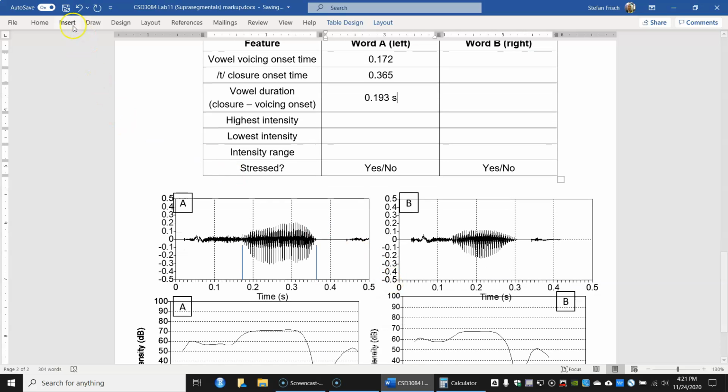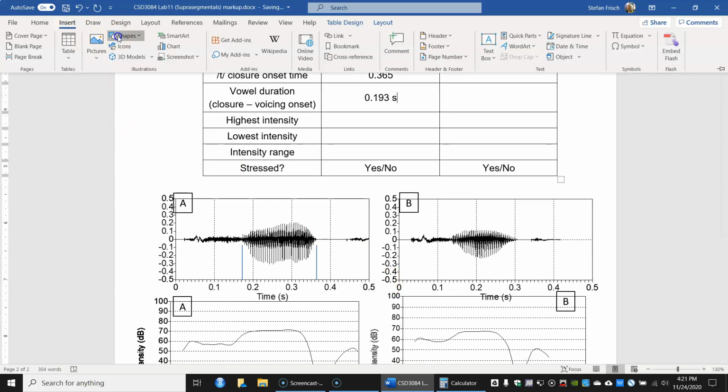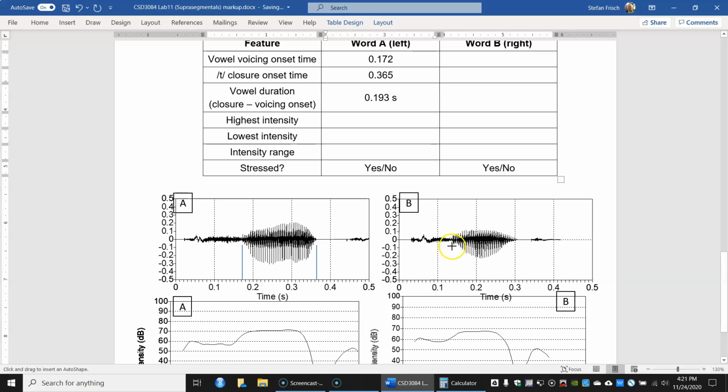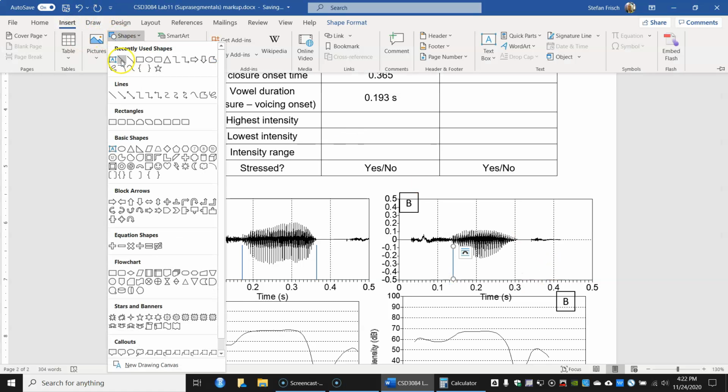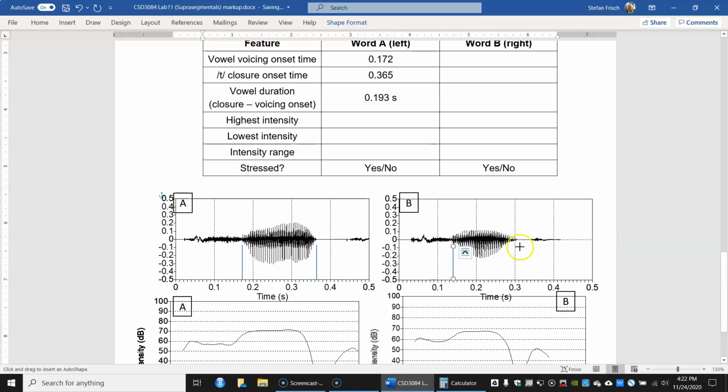Okay, so for the second word, we can do the same thing. Start of the vowel is there, and the end of the vowel is pretty much right on this axis, maybe a hint after.